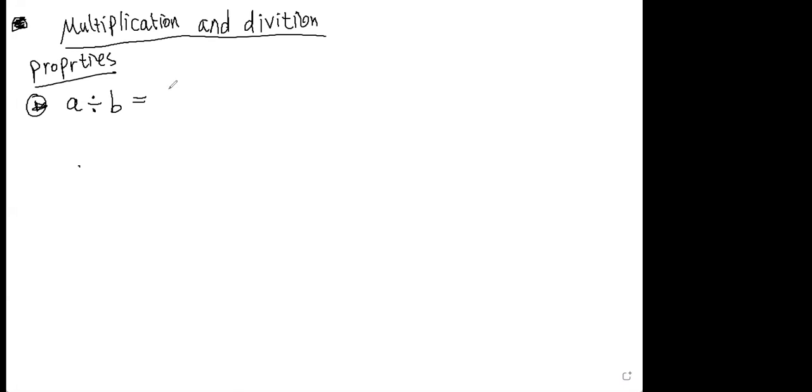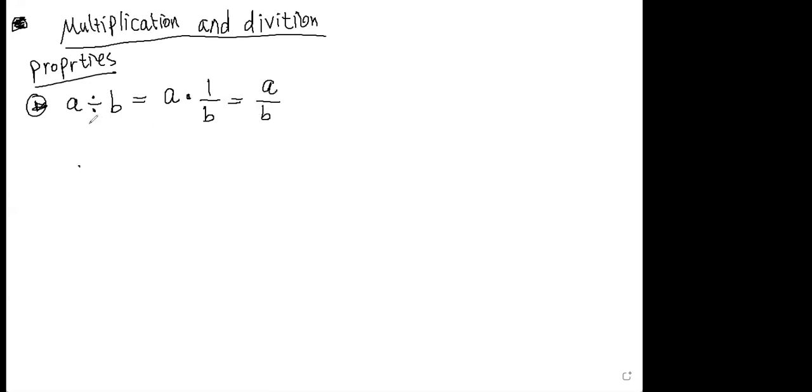It could be a fraction, exactly. Or it could be A times 1 over B, and this is equal to A over B.